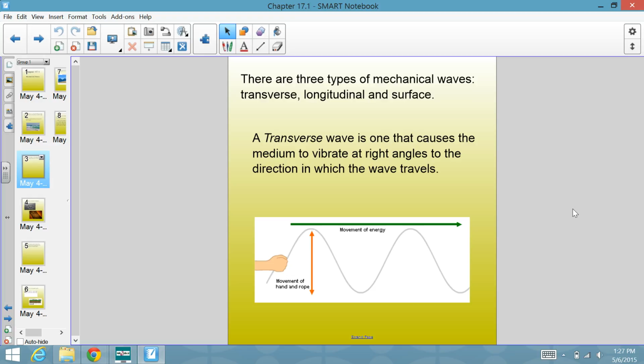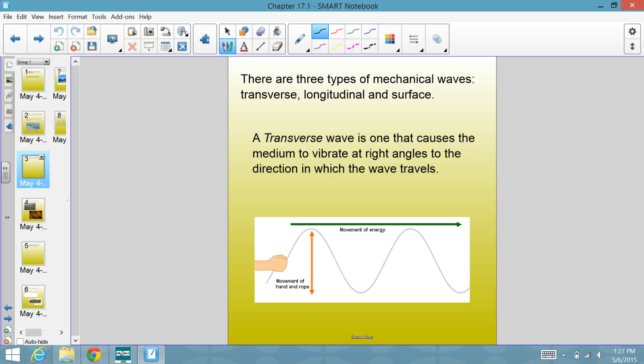Transverse waves are usually the ones that we think of when we think of the shape of a wave. It's a wave that causes the medium or material to vibrate at a right angle to the direction in which the wave travels. So this picture shows a rope being shaken up and down.